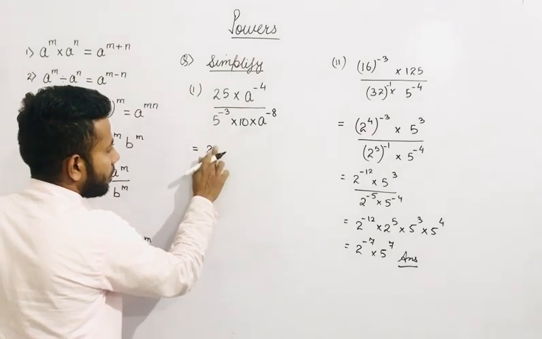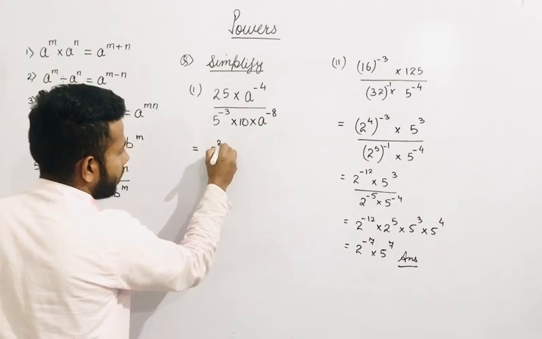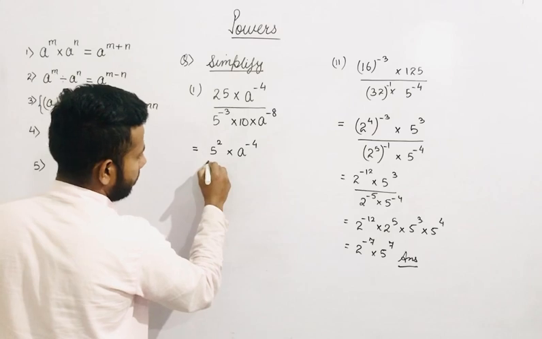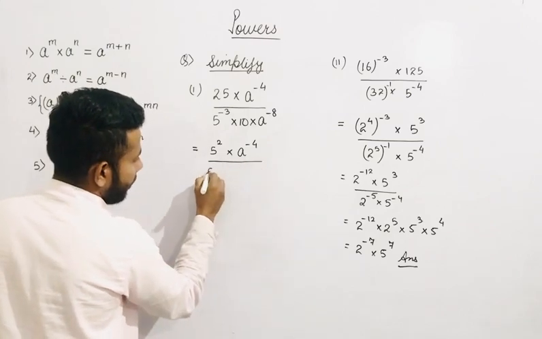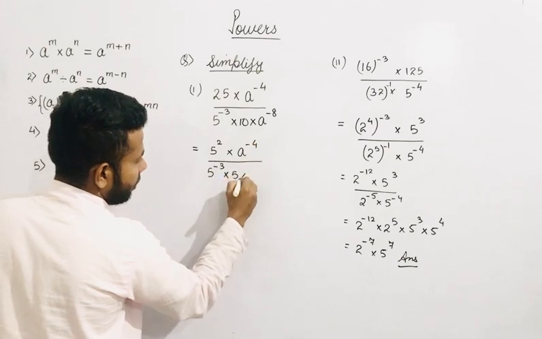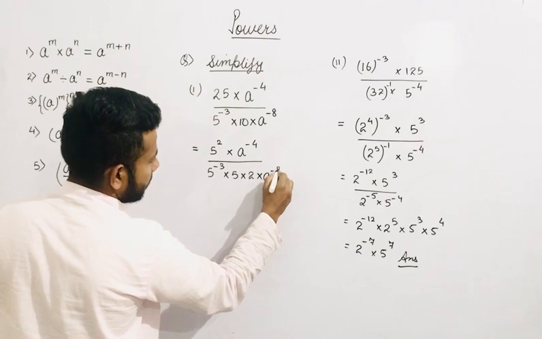25 can be written as 5 to the power 2 into a to the power minus 4 by 5 to the power minus 3. 10 can be written as 5 into 2 and it is a to the power minus 8.